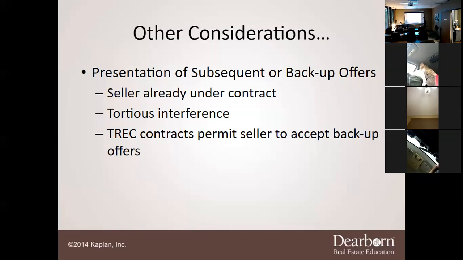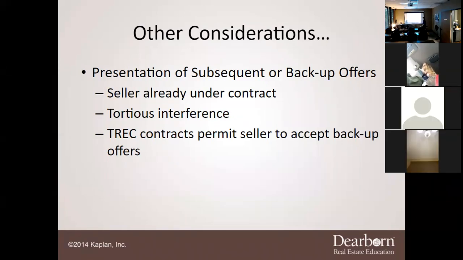Like if I had a friend that wanted to buy a house and I was already under contract, and I intentionally tried to screw up this contract so he can get the house because he's going to pay more, that's what would be tortious interference. Yes, exactly, that's what that would be.